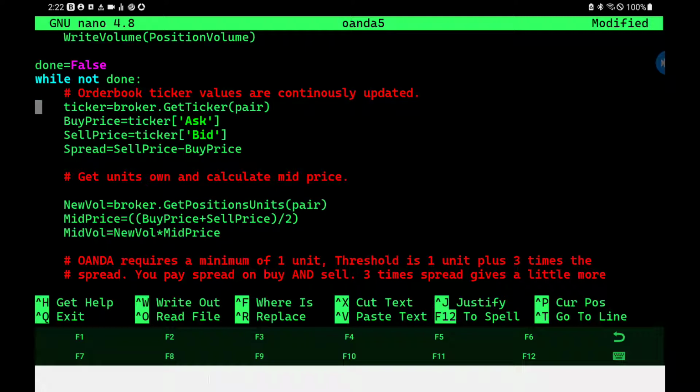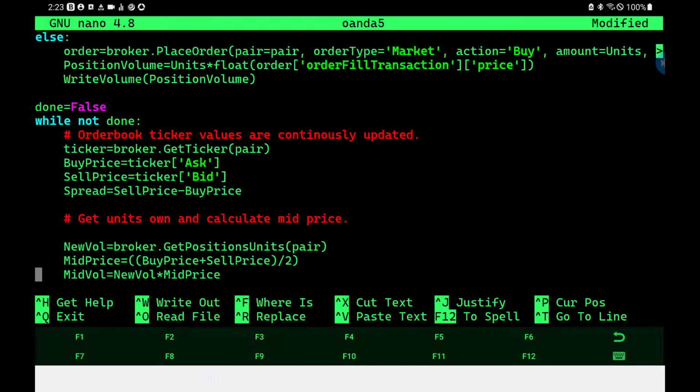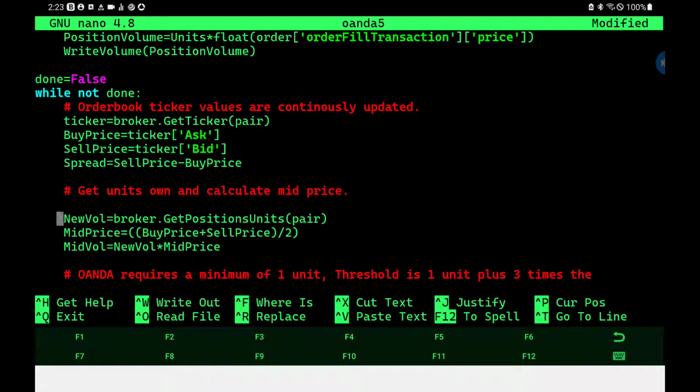So we get the ticker, we get the bid and the ask price, and we calculate the spread. Now, we already know from up above the position volume. This is the water line. This is what we need to compare everything to. But we need to calculate our current position amount.